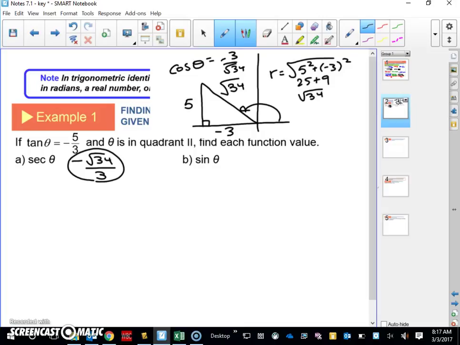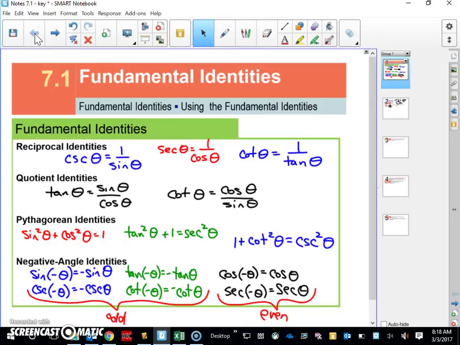Now, that being said, that's not what this chapter is about, and so we're really not supposed to be drawing that picture. We're supposed to be using those identities. In order to use those identities, you're looking at what you know and what you want to know. If I know tangent and want to know secant, we've got to go back and look at those formulas and try to find a formula that has those two functions in it.